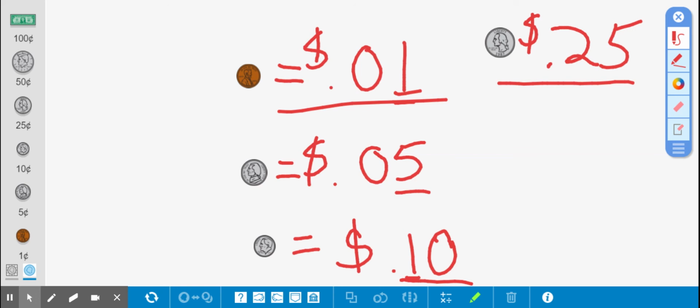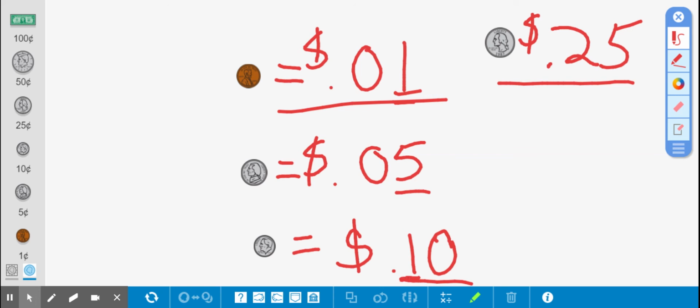So from this point on, each one of these coins are going to have a decimal value, not a whole number value. Once again, a penny is 1 cent or 1/100th of a dollar. A nickel is 5 cents or 5/100ths of a dollar. A dime is 10 cents or 1/10th of a dollar, because it's 1 in the tenths place.